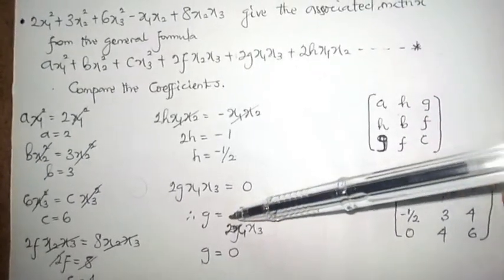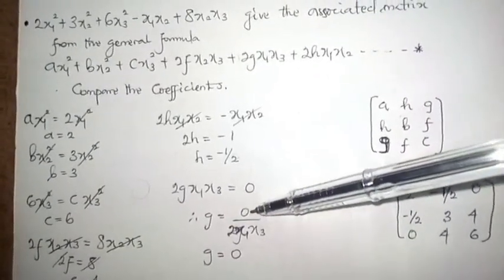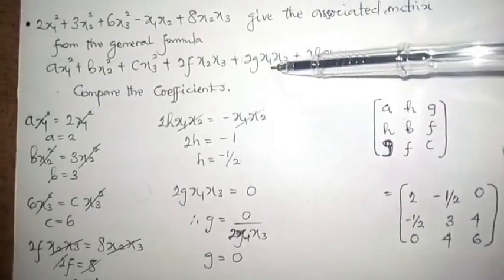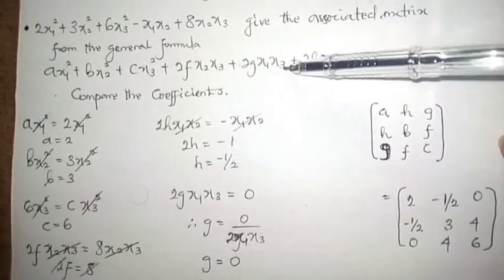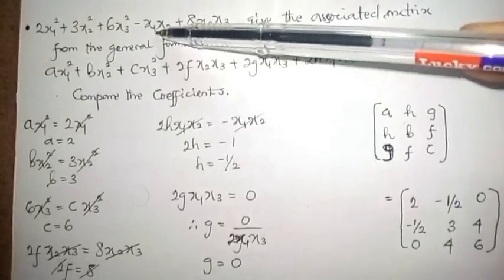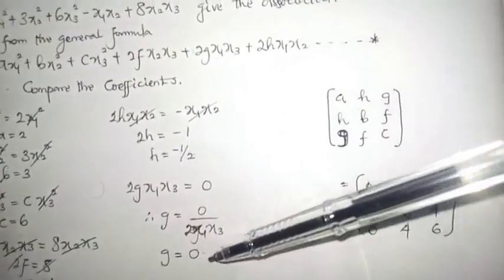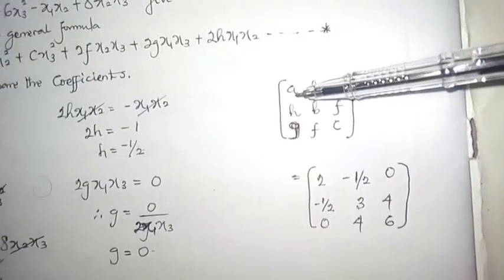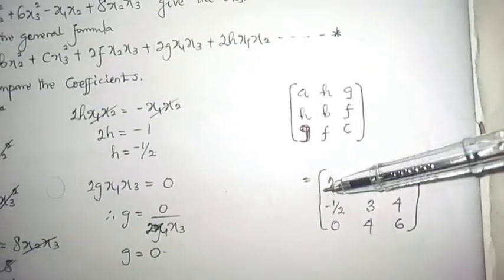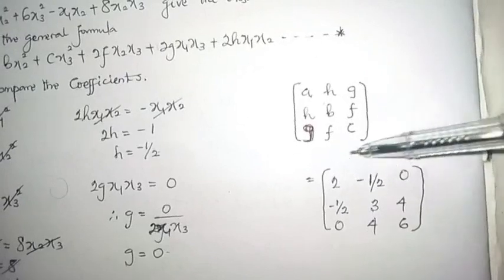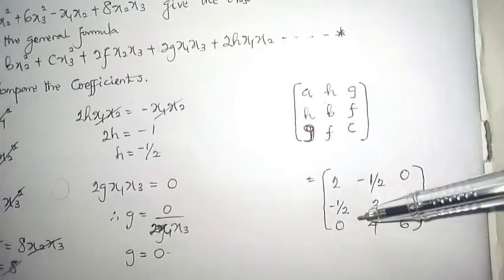And here, since g has no coefficients, we have g equals what? 2g x1, x3. And here we don't have any variable x1, x3. That's the reason why we have g equals 0. Then we come down here to give our matrices and we input them into the matrix square.